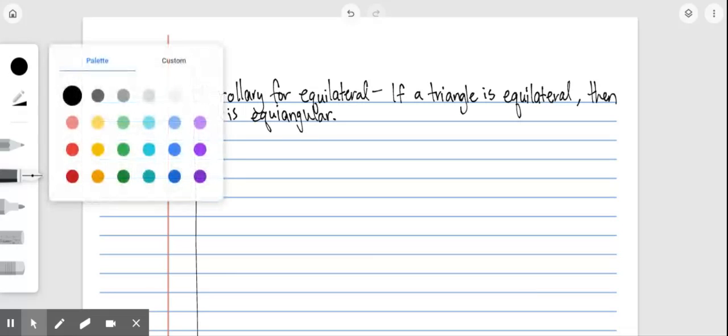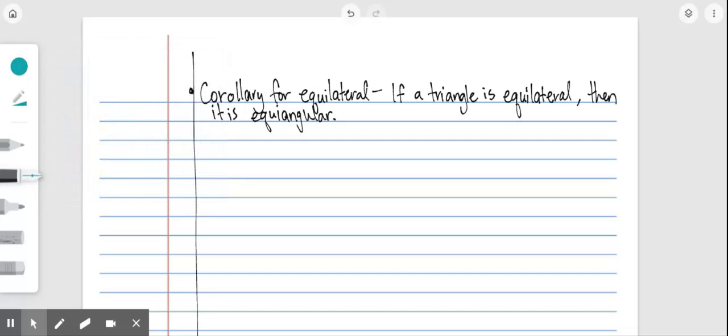So just for reference, over here in the corner, I'm going to recall equilateral. Equilateral means that it has the same or congruent sides. And equiangular means that it has the same or congruent angles.